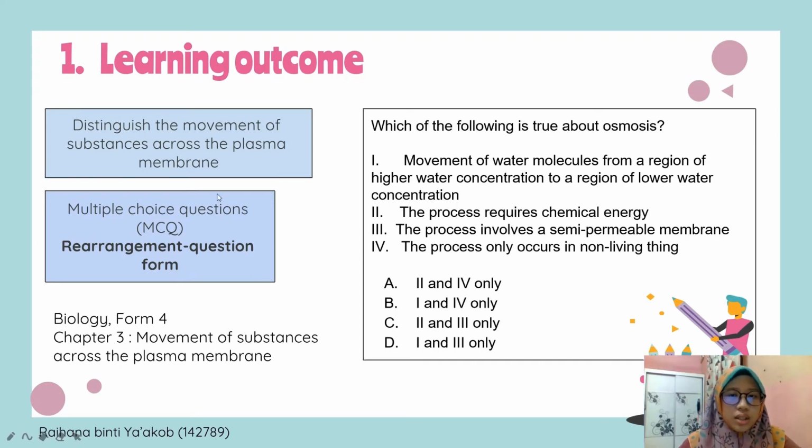Based on the question, students need to distinguish the movement of substances across the plasma membrane. As we know, there are 3 types of movement across the plasma membrane. The first one is active transport, the second one is passive transport, and the last one is osmosis.